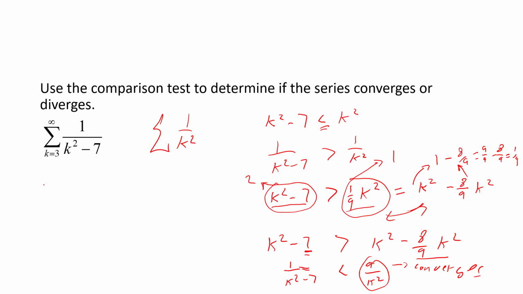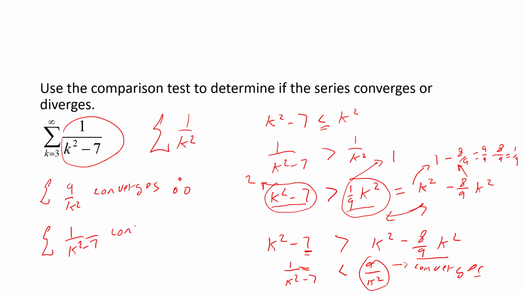So what I'm saying is the series of 9 over k squared converges because it's a constant times a p series where p is bigger than 1. And so therefore, since we've shown that the terms of the series we were given are smaller, the series 1 over k squared minus 7 converges.